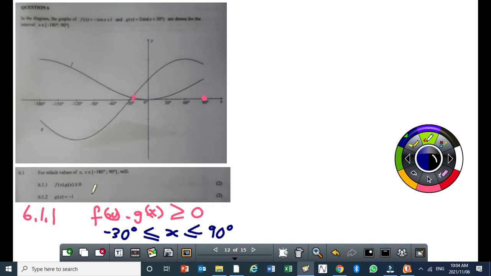6.1.2 is like you are doing grade 11 work. Then it says, for what values of x between -180 and 90 degrees is g of x equal to -1?